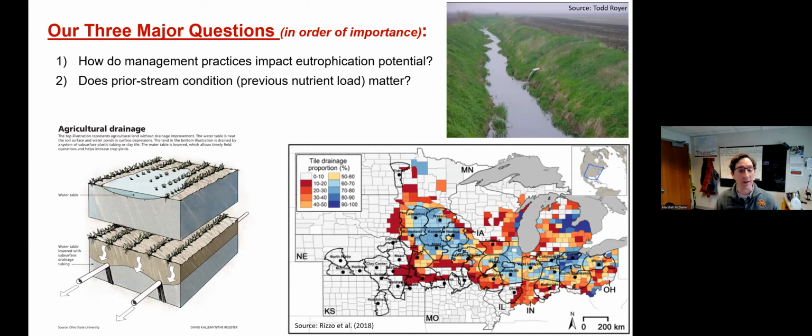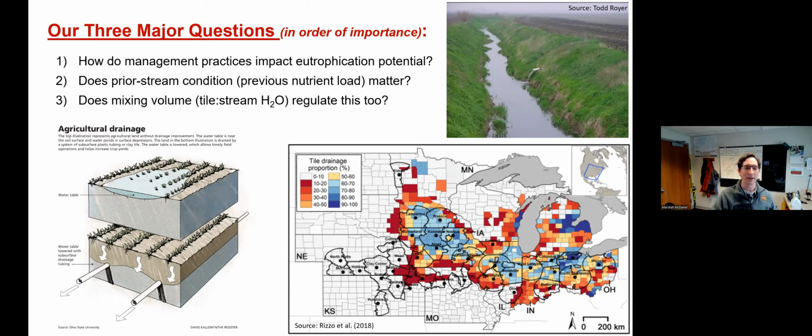So are more pristine streams that have lower background nutrient concentrations and likely less algae growth and eutrophication more sensitive to new inputs in tile water? And then the final question, the least important but we were still interested in and part of the experiment, is does the mixing volume, or the tile water to stream water ratio, regulate this eutrophication potential as well?